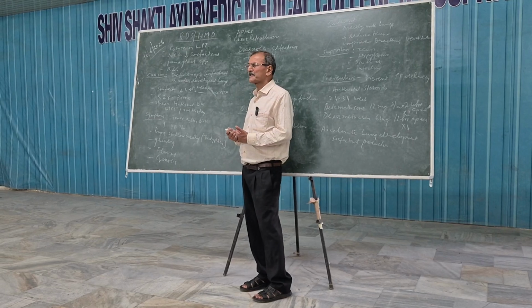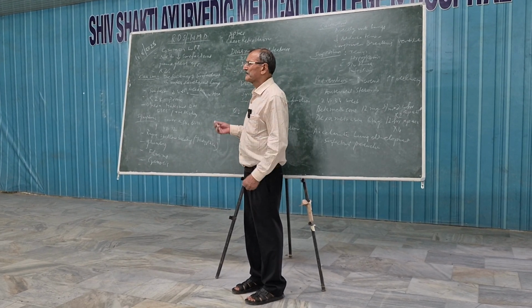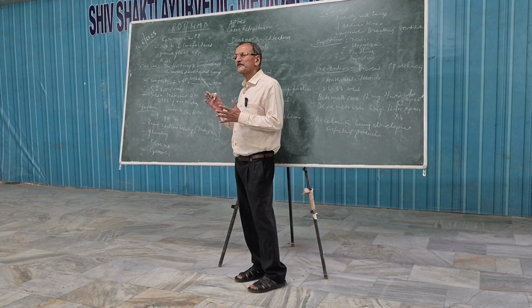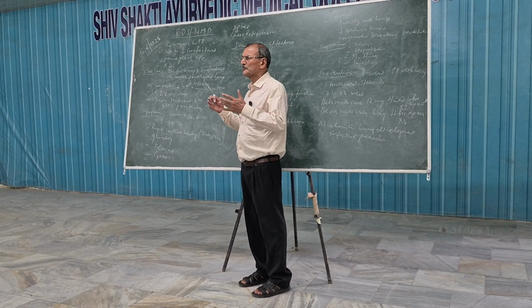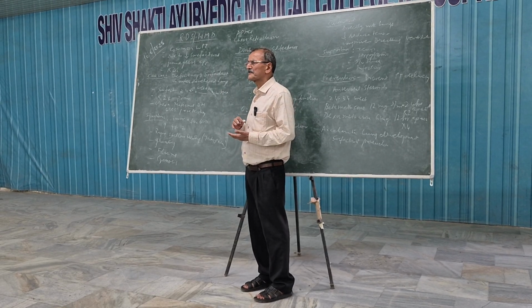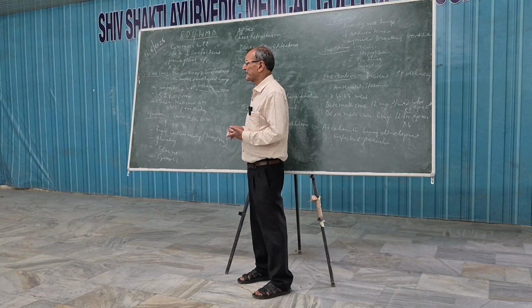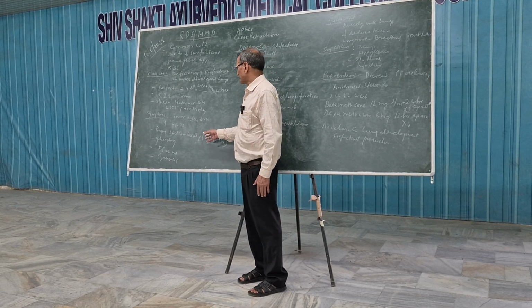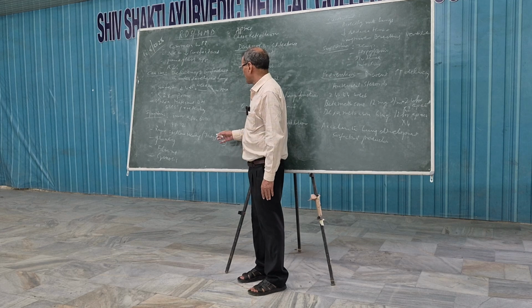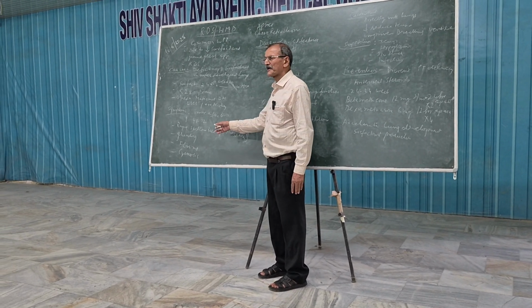He may now be breathing at 70 or 80 times per minute, but it will be shallow. If you breathe fully, the chest expands, but if you are taking shallow respiration, it will not be fully ventilating the lungs. So the breathing is rapid as well as shallow. This we call as tachypnea.